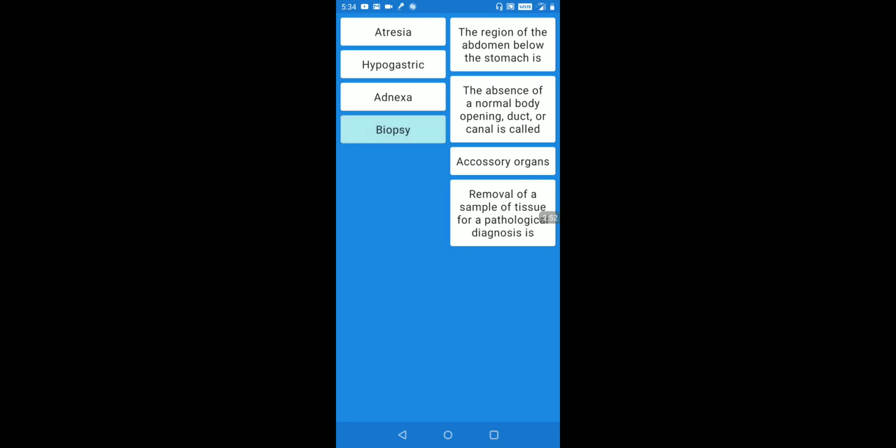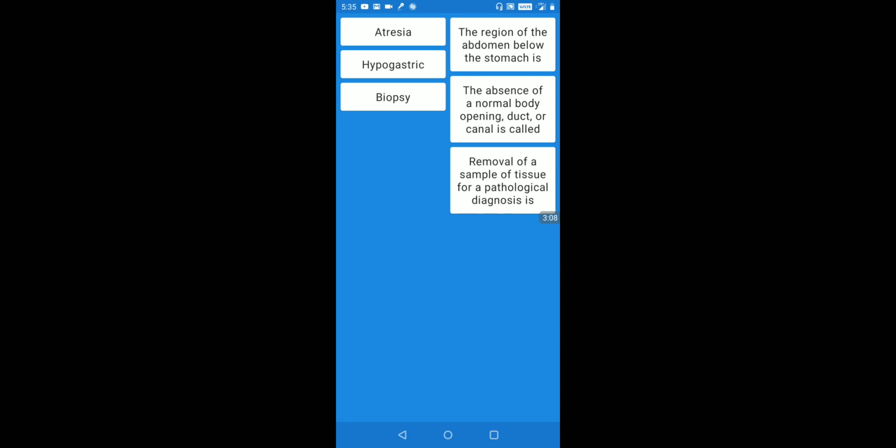The biopsy, region of the abdomen below the stomach. I don't want to get this wrong, but I remember add next as accessory organs.